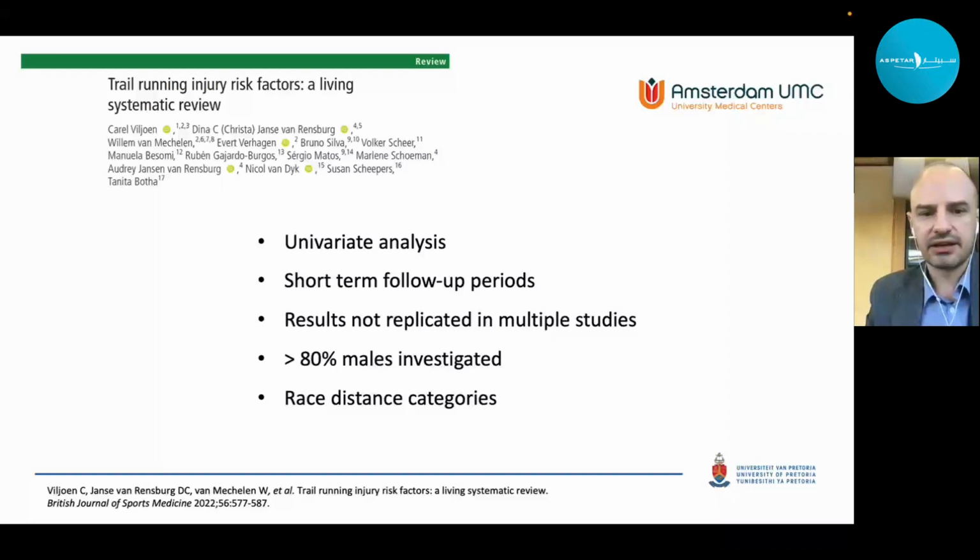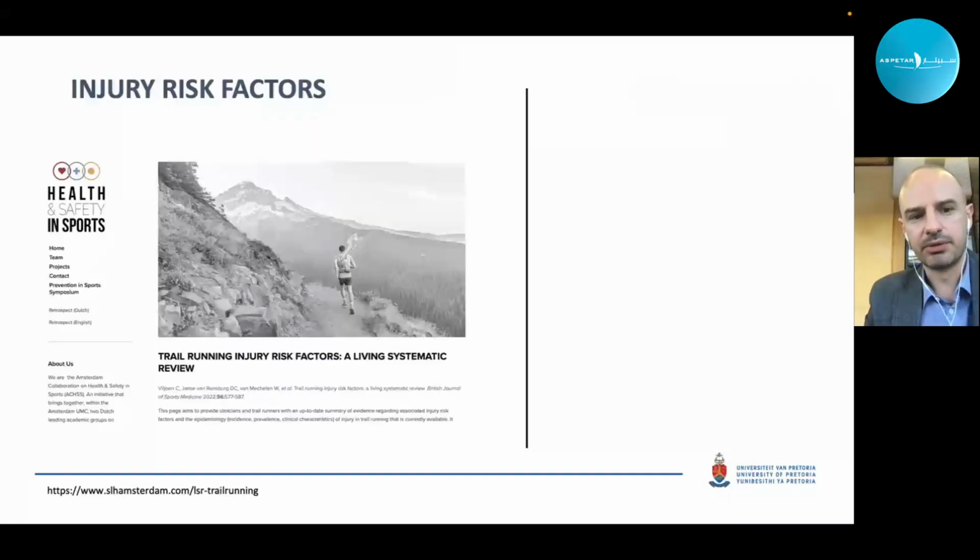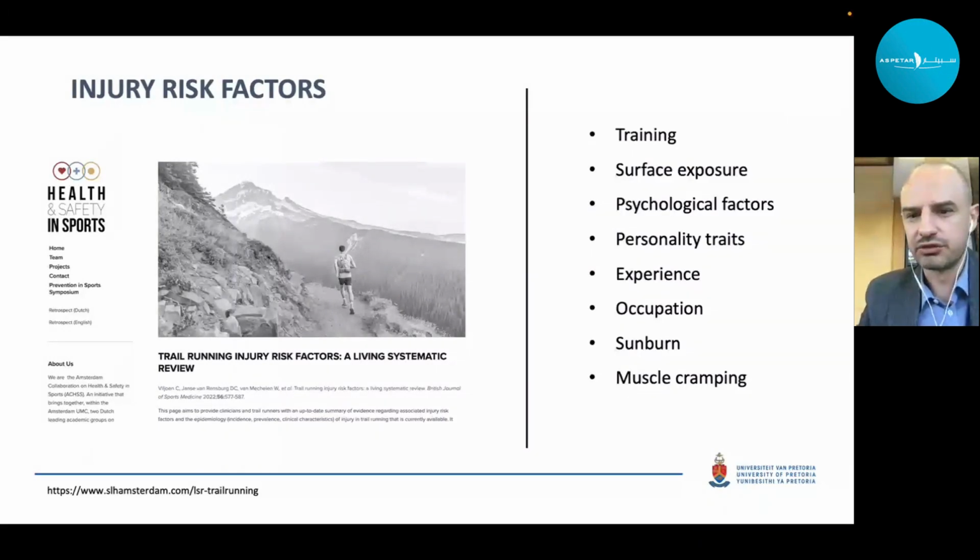These updated findings we do publish on our website. I'm not going to go too much into these risk factors because of the limitations. They are not really guiding us in clinical practice at this stage because the evidence is very weak. There are about 40 risk factors at this stage, and they fall in the domains of training variables.